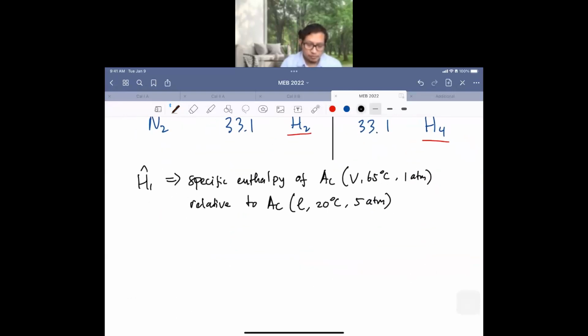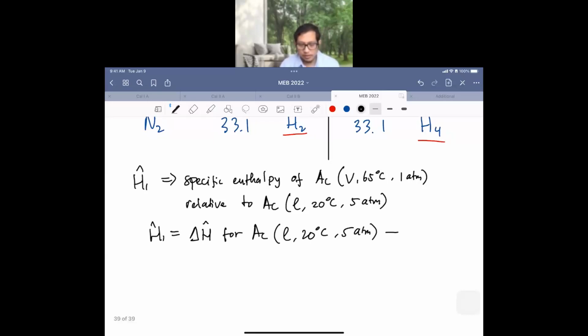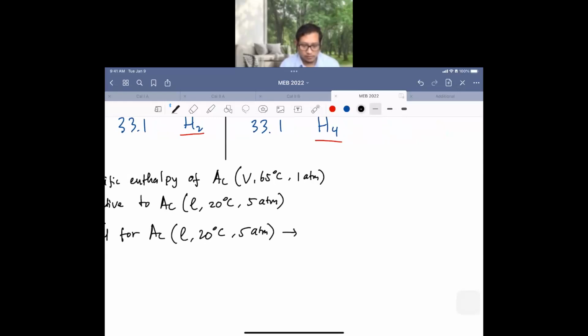So this will be equal to the delta H from acetone liquid, 20 degrees Celsius, 5 atmosphere, to acetone vapor, 65 degrees Celsius, and 1 atmosphere.